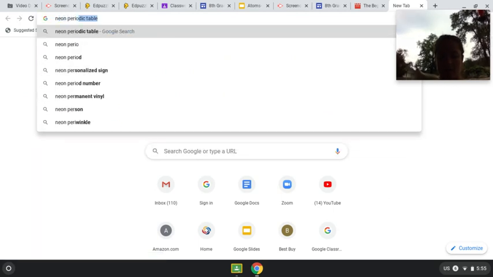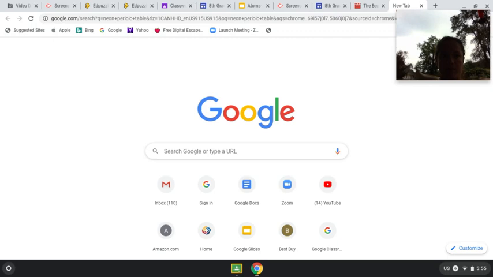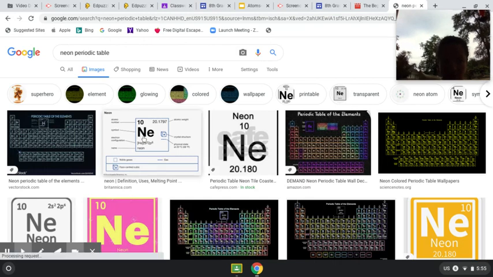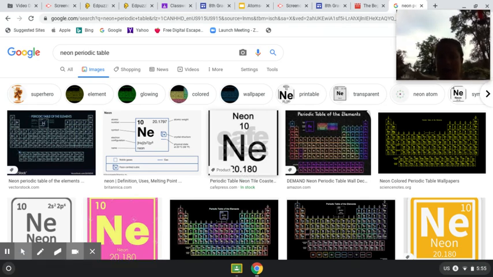Neon's atomic mass is 20.1797 or 20.18, depending on which one you look at, where they rounded.